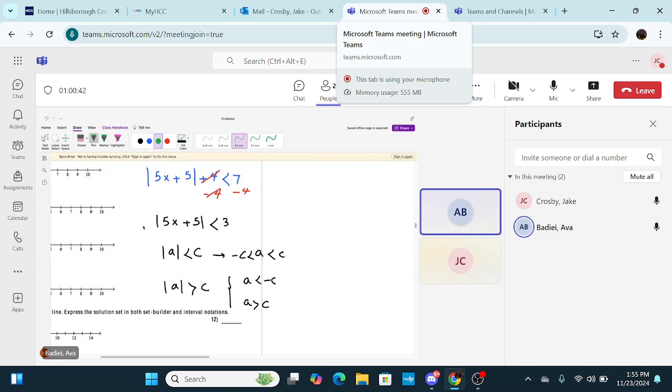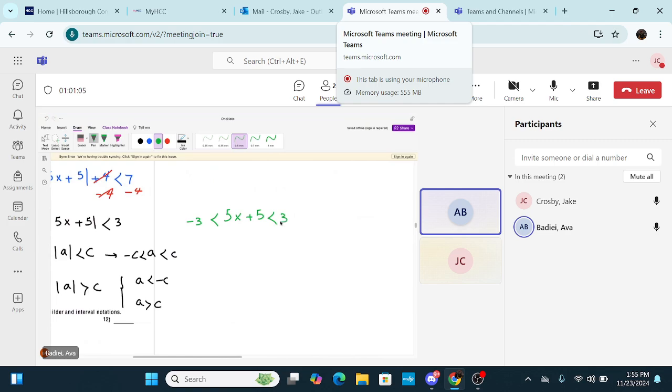The problem that we have is going to be this situation. So the inside of the absolute value, 5x plus 5, is supposed to be between -3 and 3.